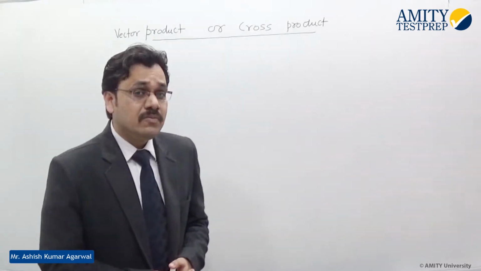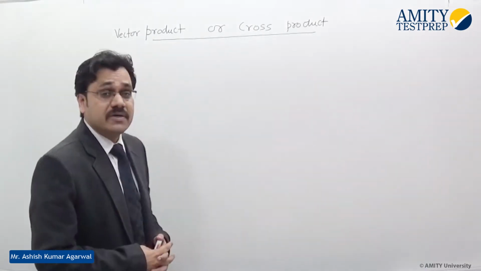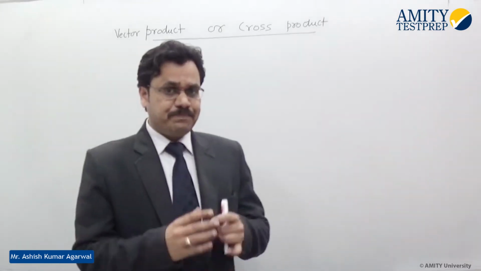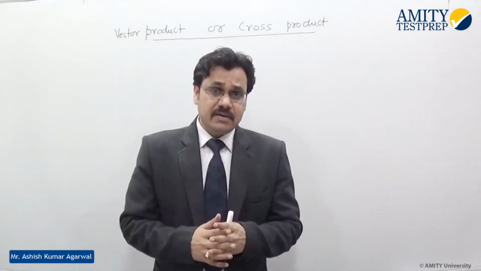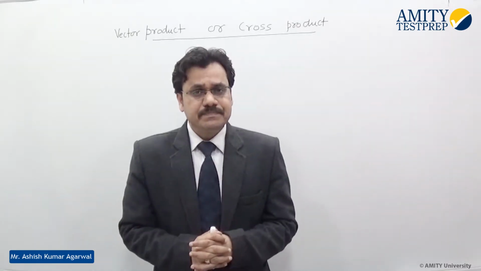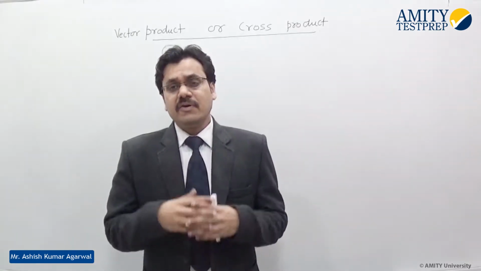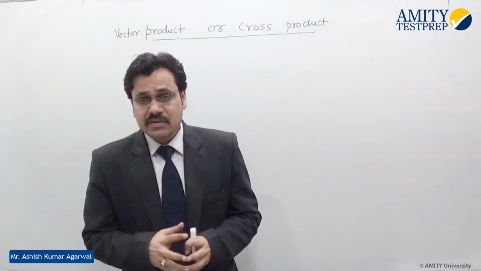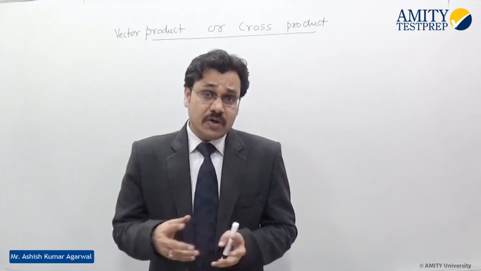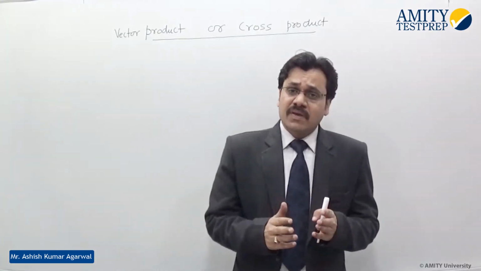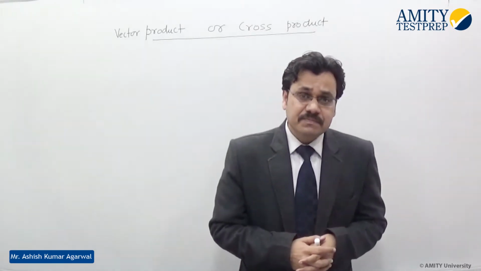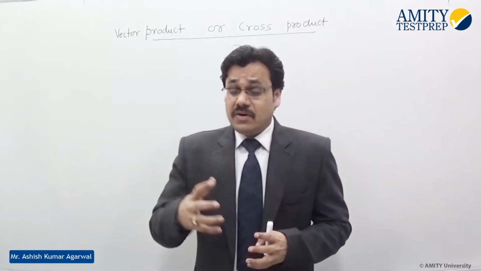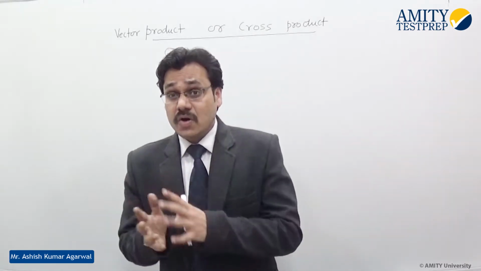We will now discuss the vector product or the cross product. Basically, when we multiply two vector quantities, sometimes we get a vector quantity. Take the example of torque. When we multiply a force with the position vector, we get the cross product, which is torque.